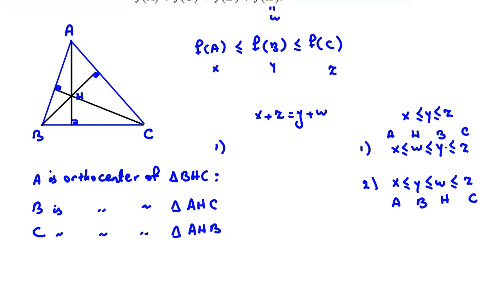In BHC, we know W plus the last one equals Y plus X. And if we consider AHC, X plus Z equals Y plus W, which is exactly this one. And the third one, AHB, in the first case, is X plus Y equals W plus Z.